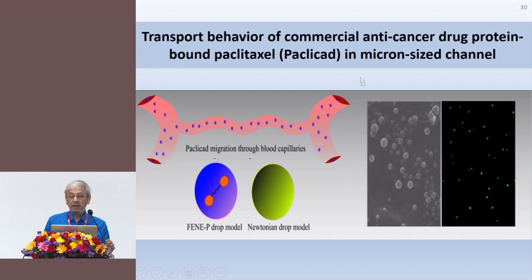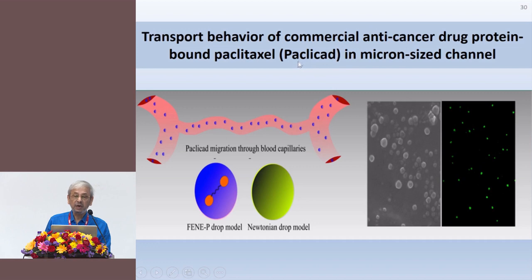So then in the third part, basically we tried to test one commercial drug. Paclitaxel, as you know, is the scientific name of the drug, but commercial drugs have different names.